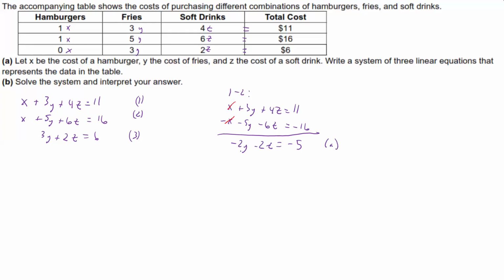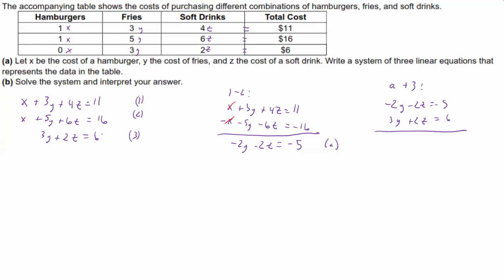Now I have an equation with y and z, and I have another equation here with y and z. If we look at these, we have a minus 2z and a 2z. So if we take A plus 3, that should get rid of our z's, and we're left with y's. So minus 2y minus 2z equals minus 5, plus 3y plus 2z equals 6.